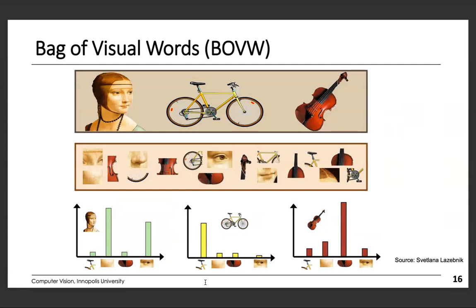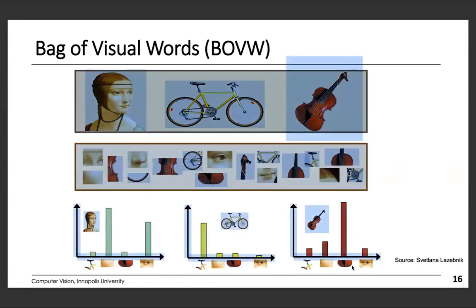From here, we can see that, for example, when it comes to the human face, we have the eye and we have the chin. Maybe this is the chin or something. It's very prevalent, repeating in all the human face images. We have the bicycle, and here we have this seat that is quite special for these bikes, and it is always repeating in all of the instances of this class.